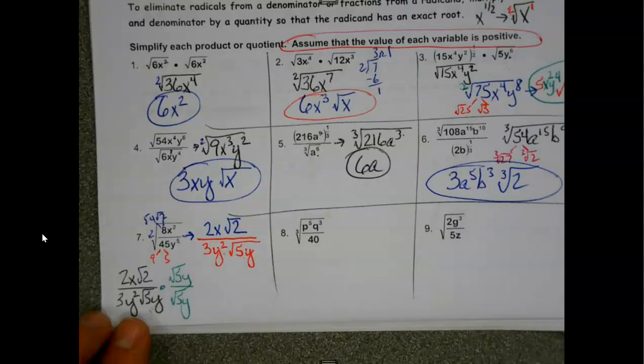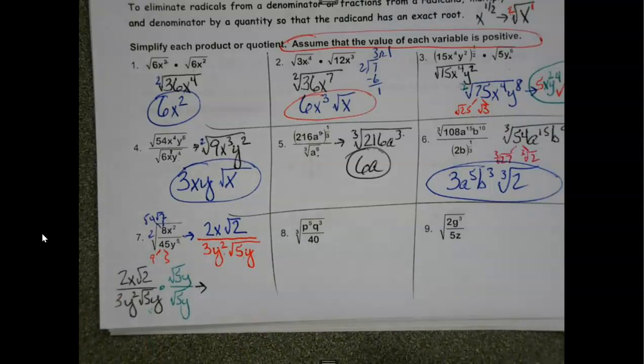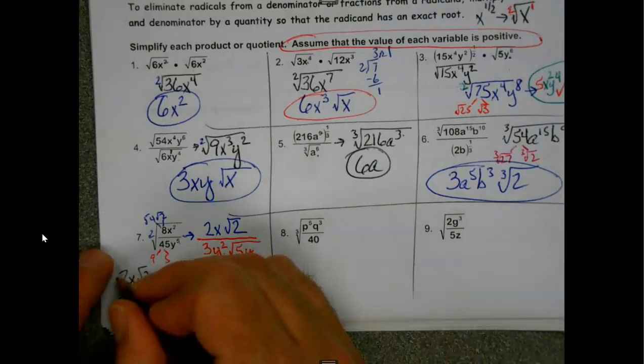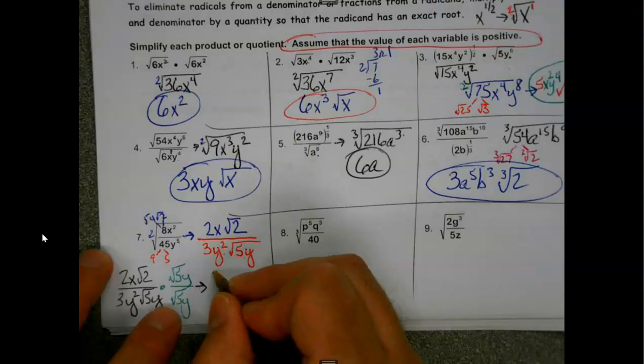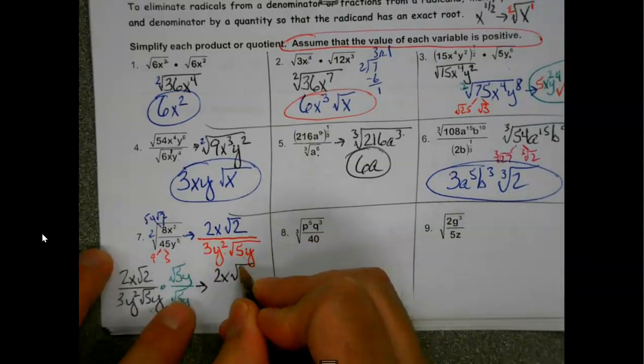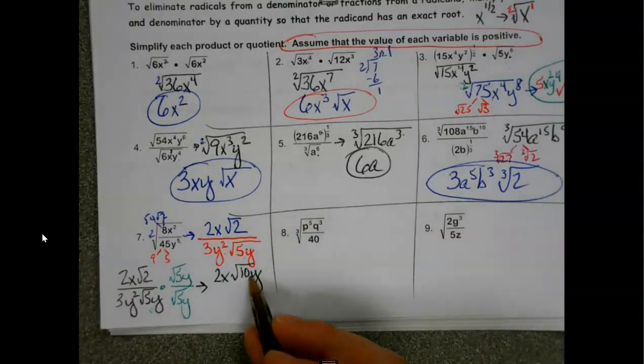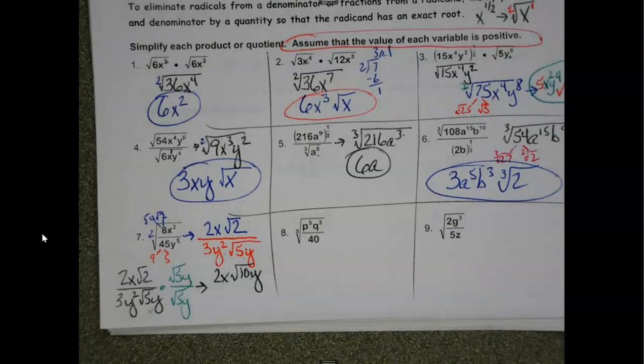Because that's how we're going to make it go away. This will be the last step, though. So when I multiply across, the stuff under the radical, I can multiply together. You can have the weirdest radicals in the world in the numerator of your fraction, and it is A-OK.